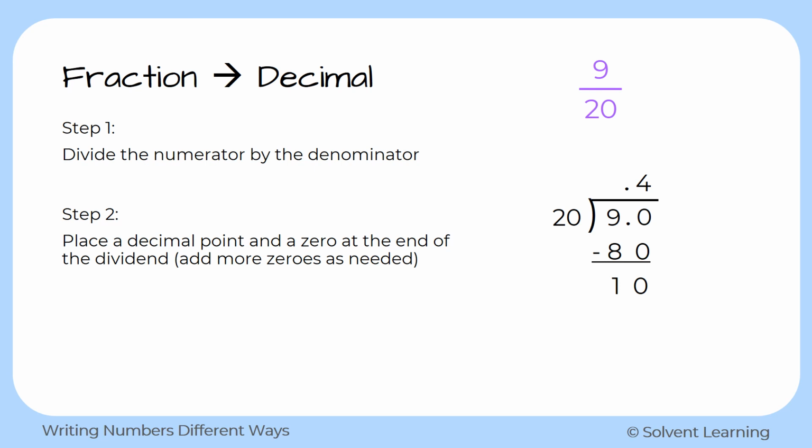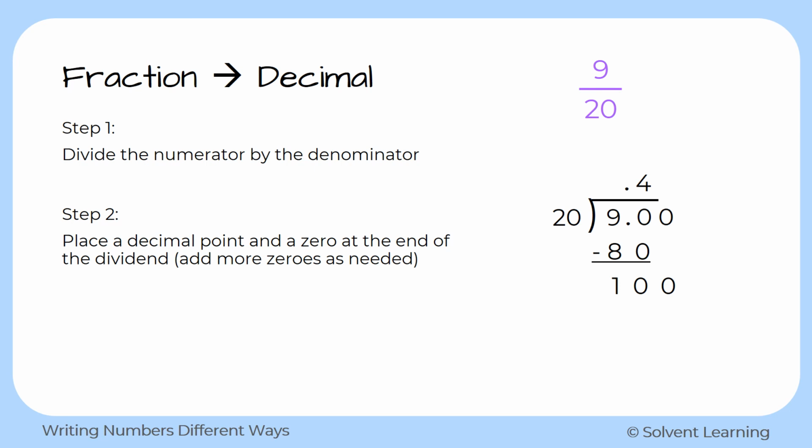Now, since we want to have our answer written as a decimal, we don't want to have a remainder. So we're going to keep this division problem going until we have no more remainder left. To do that, we'll add another 0 at the end of our decimal.